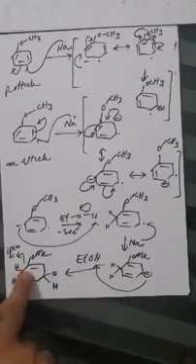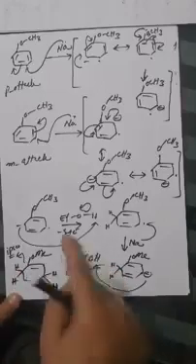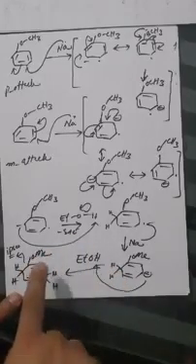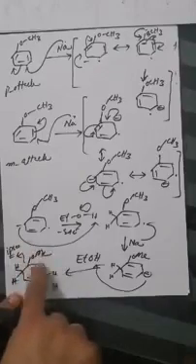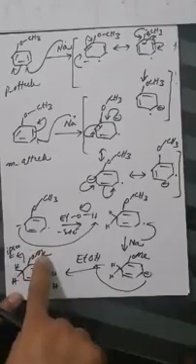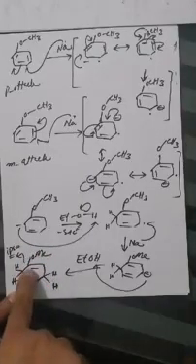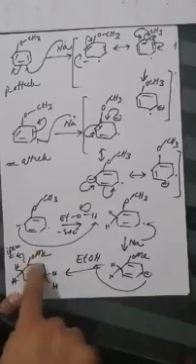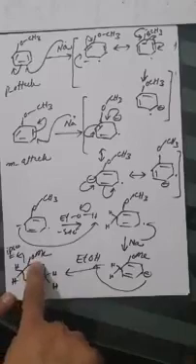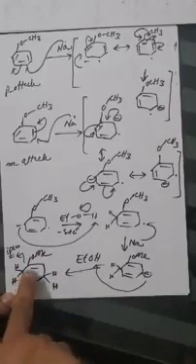It has sp2 hybridization. So you will have to remember this principle, that when the substituent is electron withdrawing, then this carbon will be sp3 hybridized. When this substituent is electron donating, then you will have an sp2 hybridized carbon.